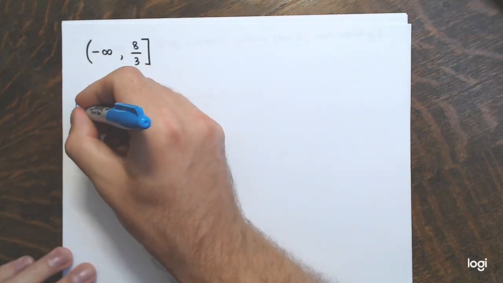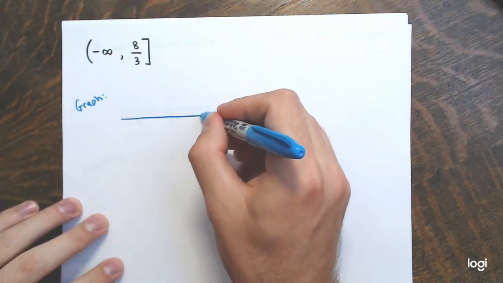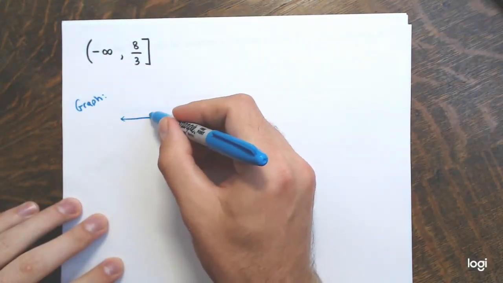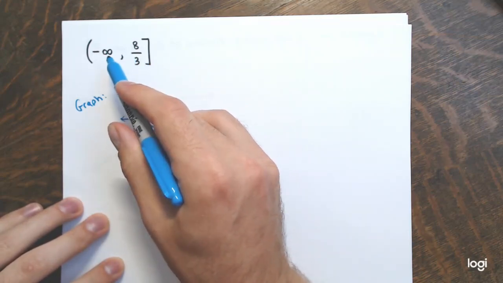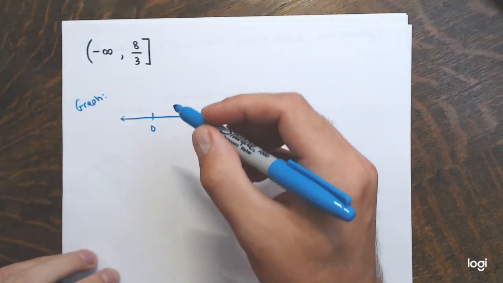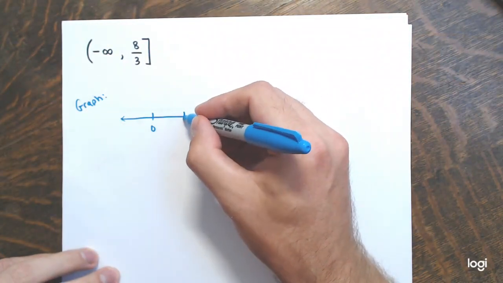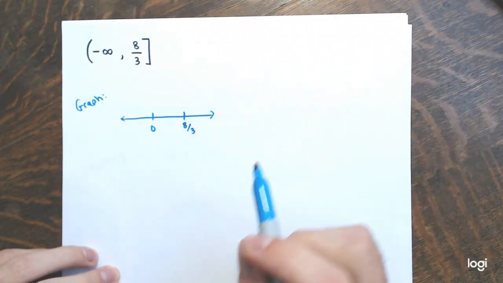Alright, so again, the graph. Here's the real number line. Say zero is here. Only one real number mentioned here, right? Again, negative infinity is not a real number, so I'm going to be writing just a simple inequality with one inequality symbol in a minute. 8/3 is positive, so it'd be to the right of 0. There's 2 2/3.